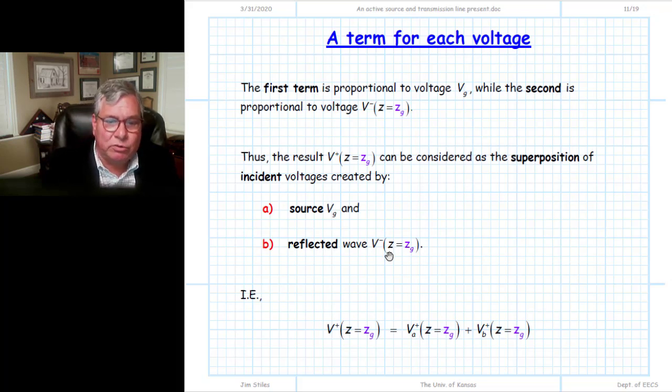And so we're going to rewrite the expression that we achieved on the previous page in terms of the plus wave voltage at the beginning of the transmission line into two terms. I'll call it VA and VB. VA is the voltage due to the open circuit source voltage, and VB is the voltage due to the reflected wave V minus at the location where the source is attached.